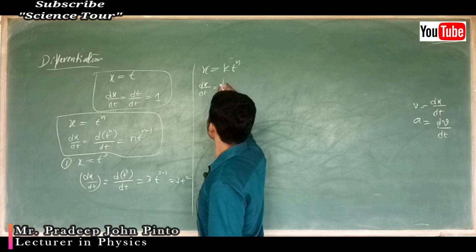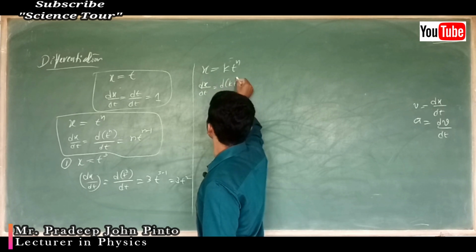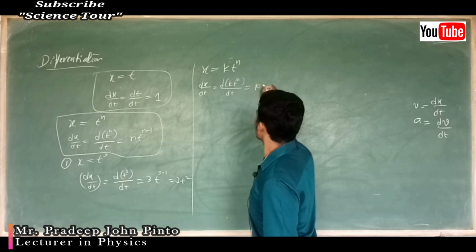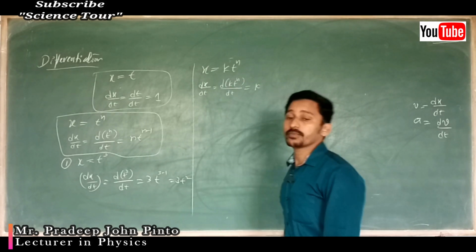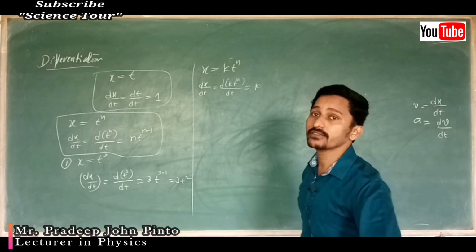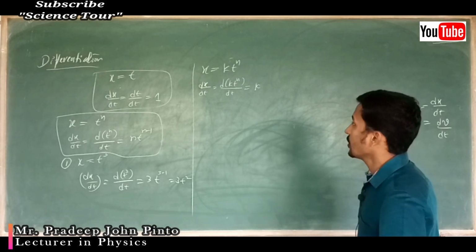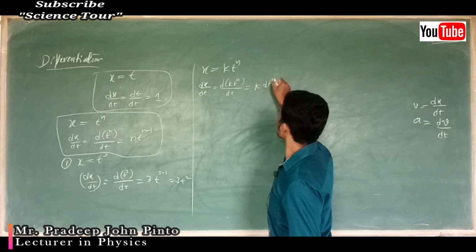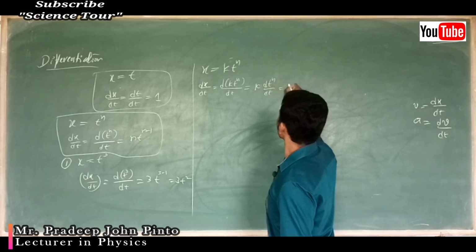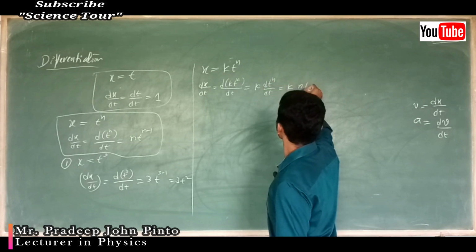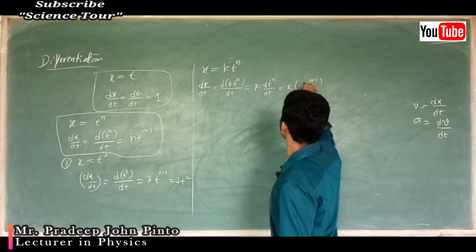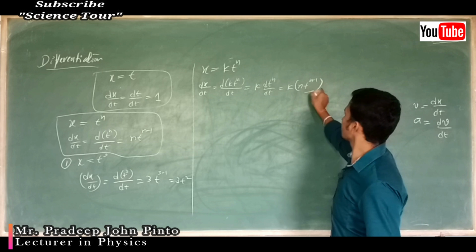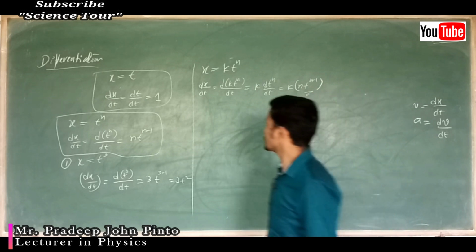The derivative of k into t to the power n with respect to t: k is multiplied, you can't differentiate k, so you take k out. After that you write k into d of t to the power n by dt, which is equal to k into n into t to the power n minus 1. Like that it is.